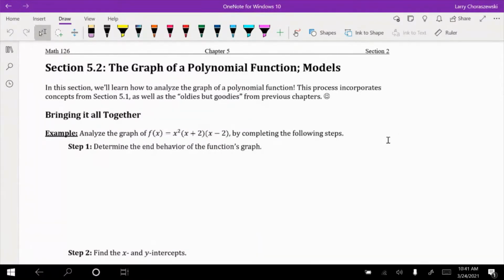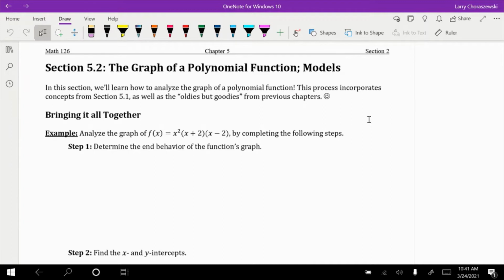So 5.2 is really just going to be an example of how we can analyze the graph of a polynomial function. And the process is broken down into a multitude of steps.